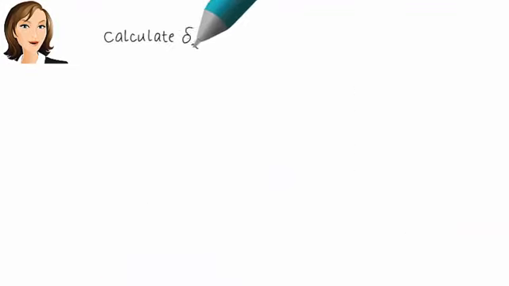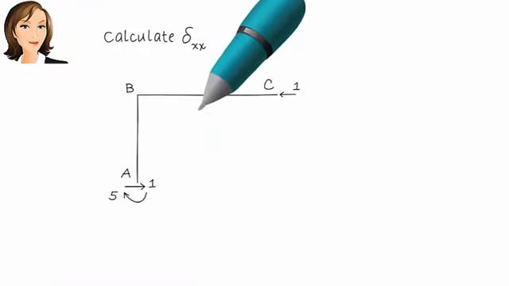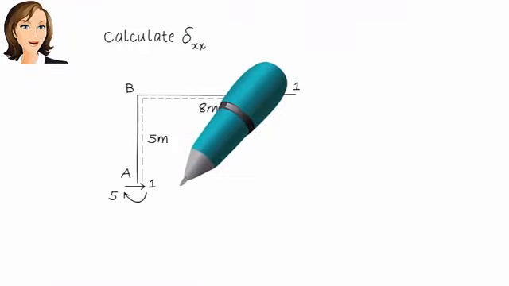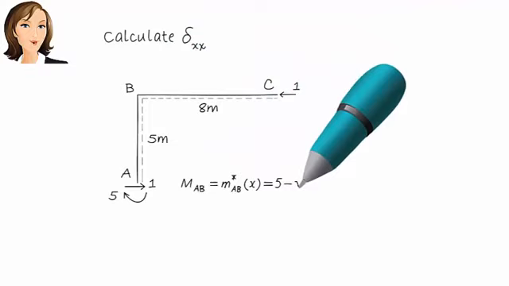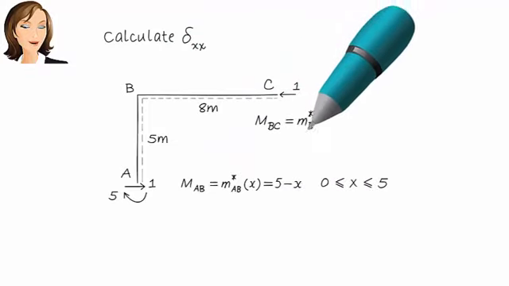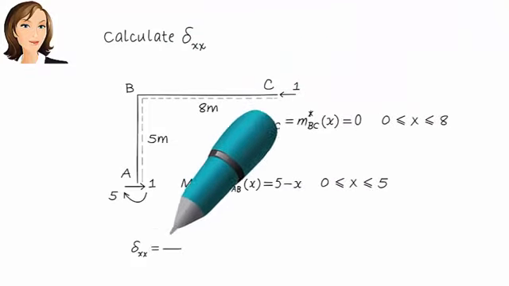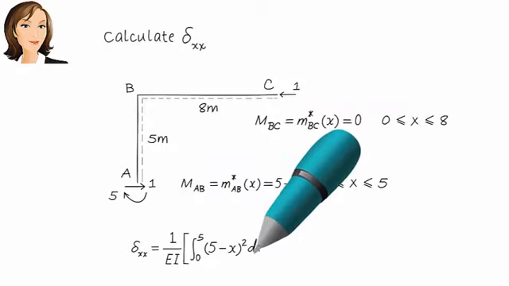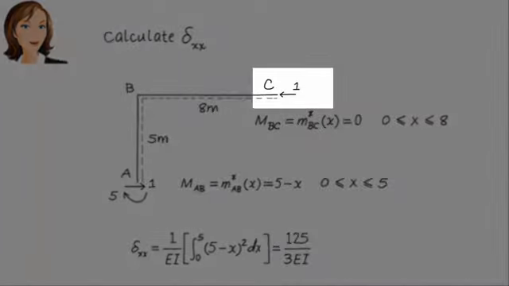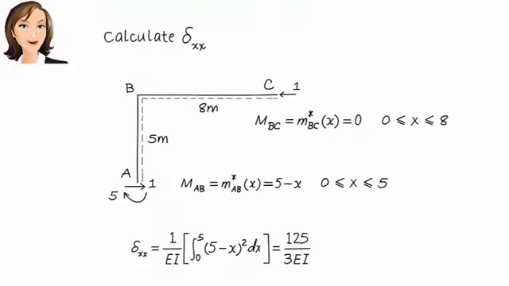First, let's determine delta xx. This is horizontal displacement at C due to a horizontal unit load applied at C. Since the unit load and the virtual unit load are applied at the same point and in the same direction, m and m star are going to be the same.